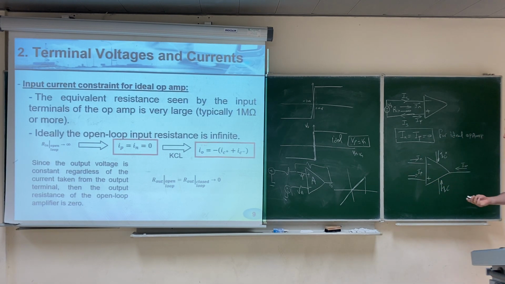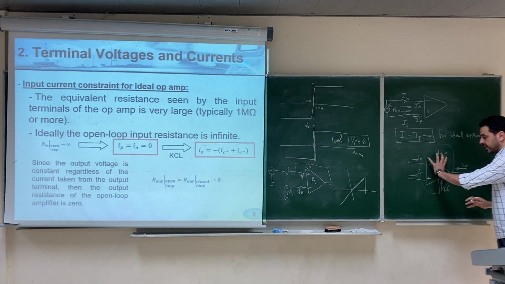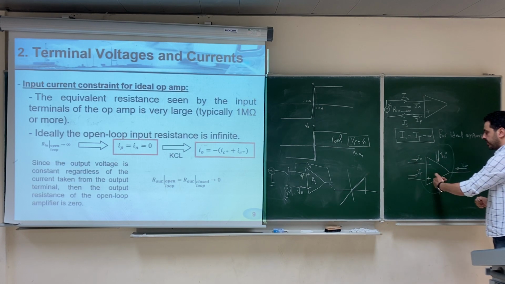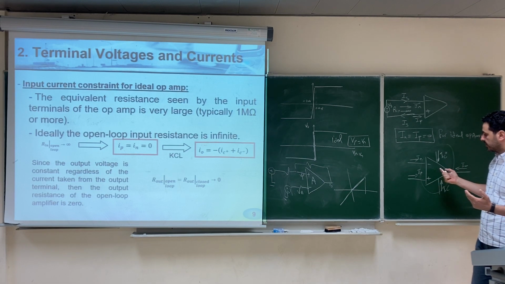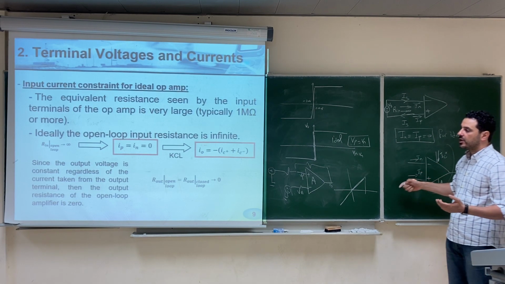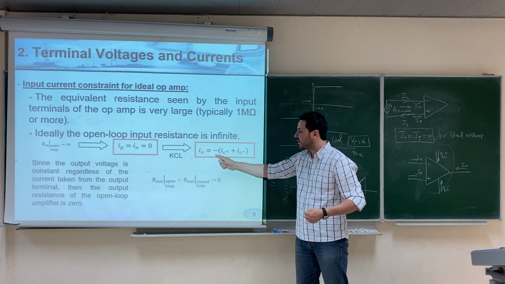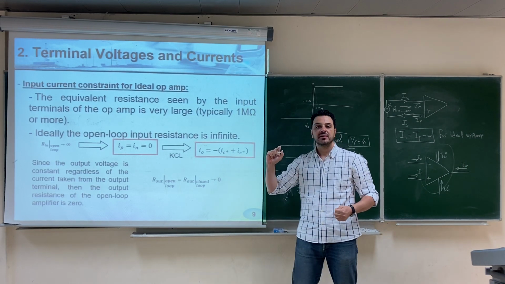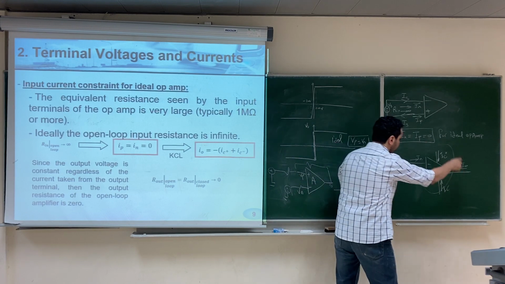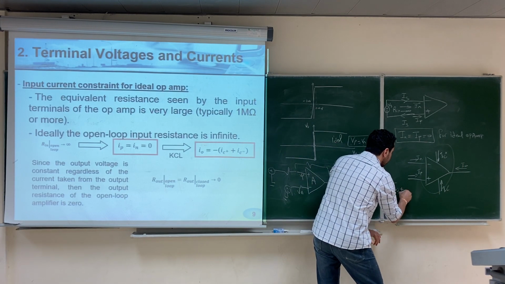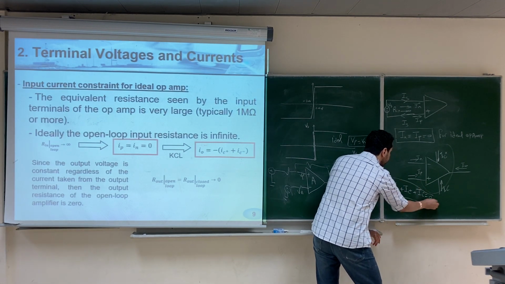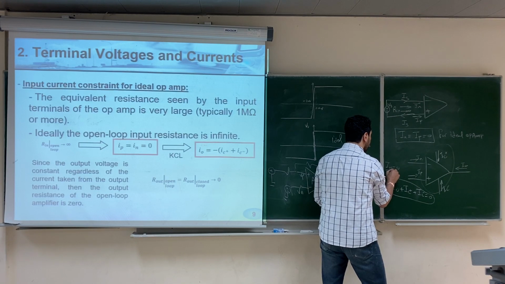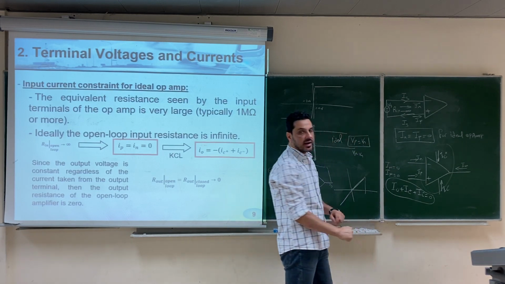If In and Ip equal 0, let's apply Kirchhoff's current law on the op-amp, on this big node. In plus Ip plus IC plus IC minus plus I out equals 0, right? But In and Ip, both of them are 0. This leads us to I out being equal to negative IC plus negative IC minus. So if you apply Kirchhoff's current law here, you'll find that I out plus IC plus IC minus equals 0, because In is 0 and Ip is also 0 for the ideal op-amp.